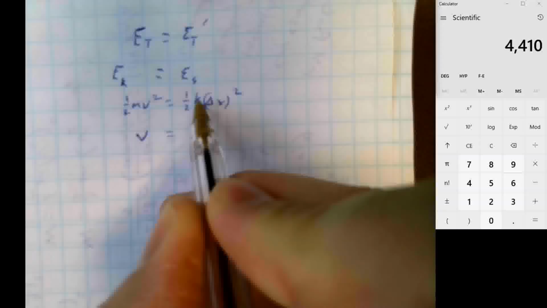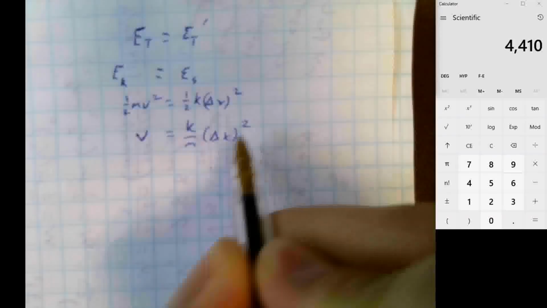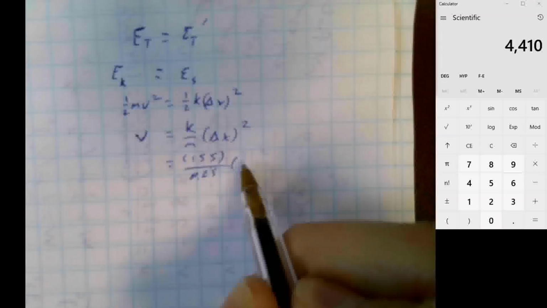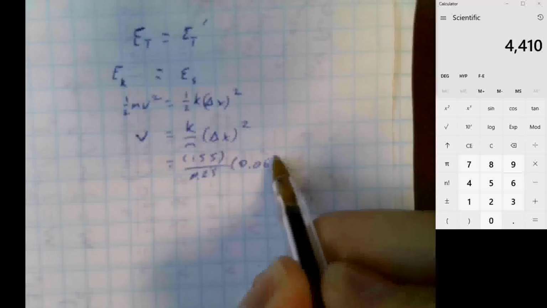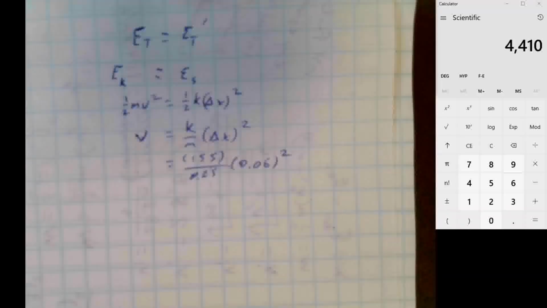So rearranging this equation for v, the 1/2 can be divided on both sides to be taken away. We have k over m delta x squared. Our k value is 155. Our m is 0.25. And our delta x is 0.06 because it's in centimeters. We have to write it that way.